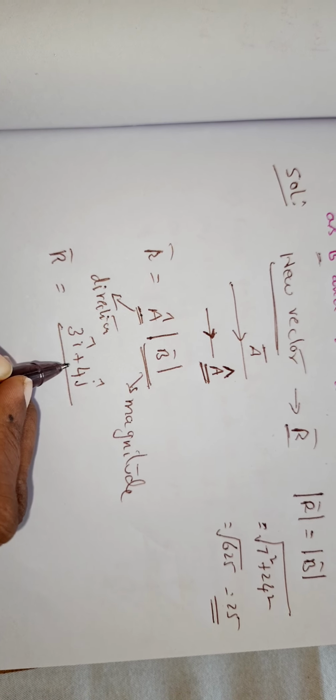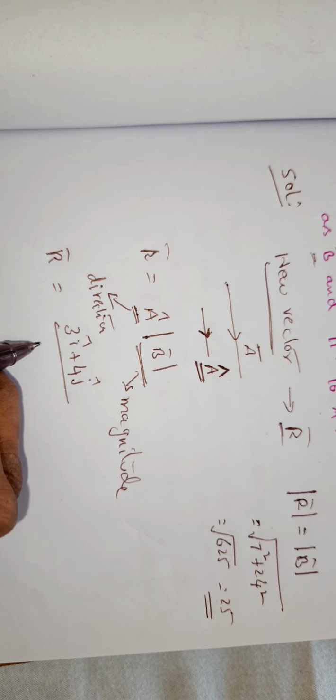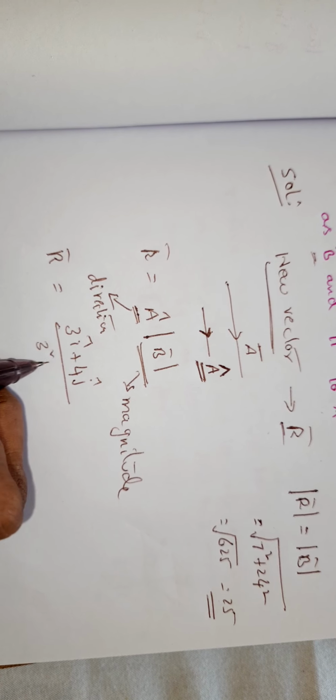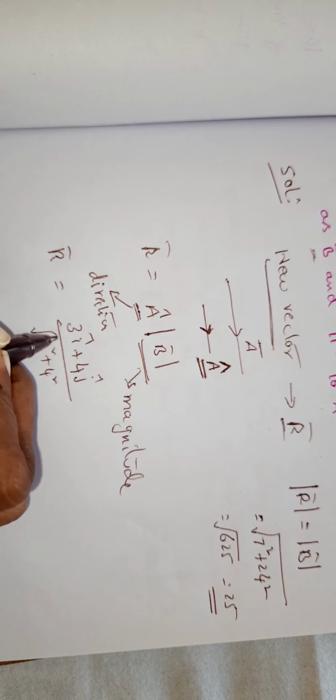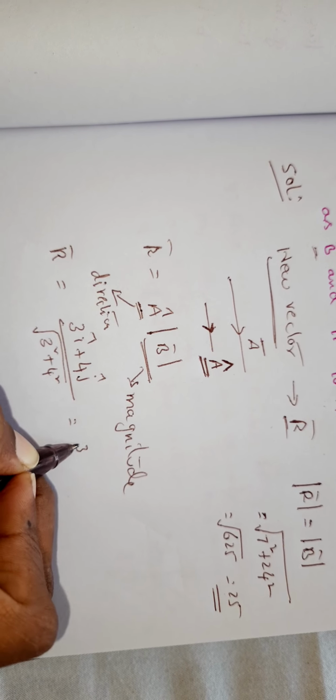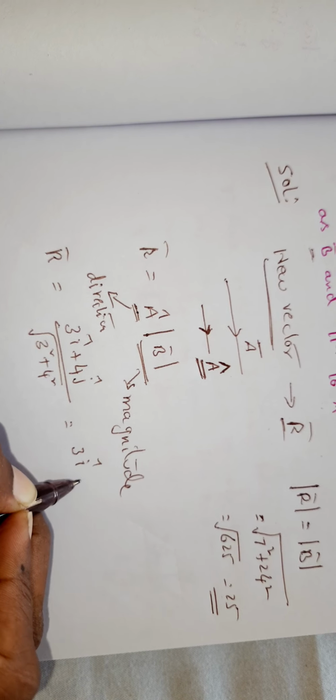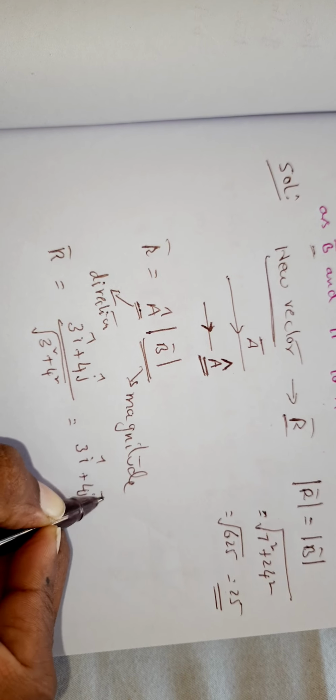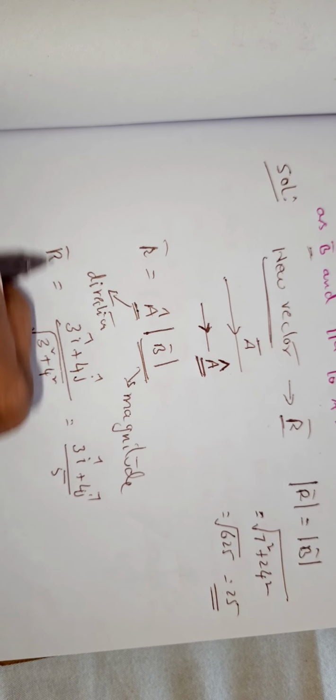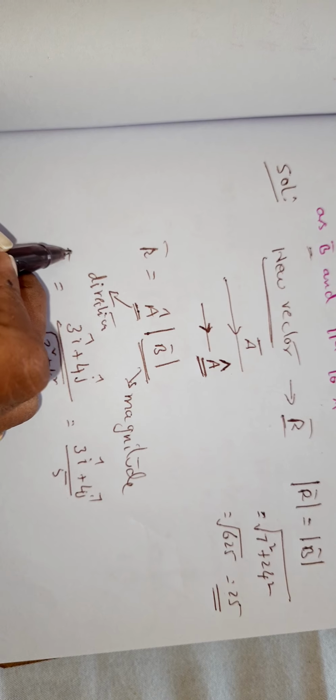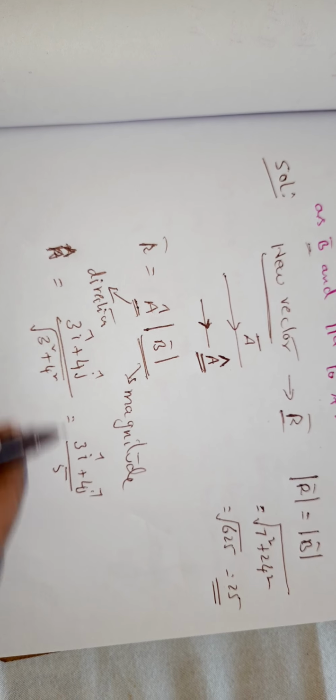It is again a Pythagorean pair, 3 and 4: 3 square plus 4 square under root is 25, which is equal to 5. That is 3i cap plus 4j cap by 5. This is A cap.